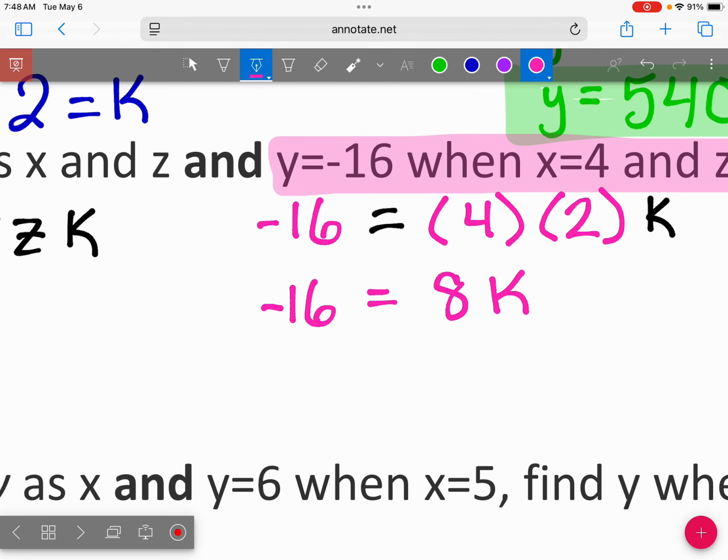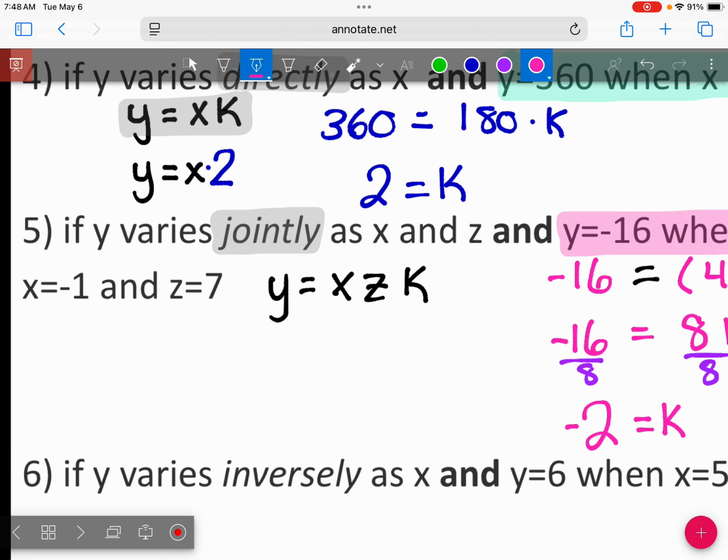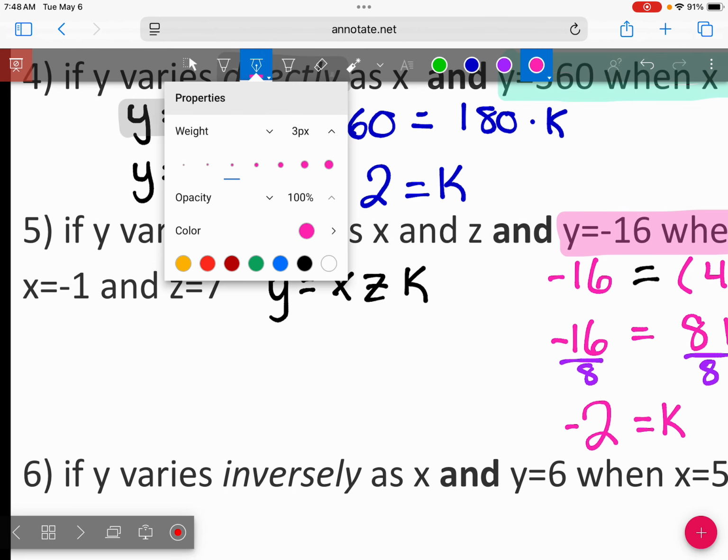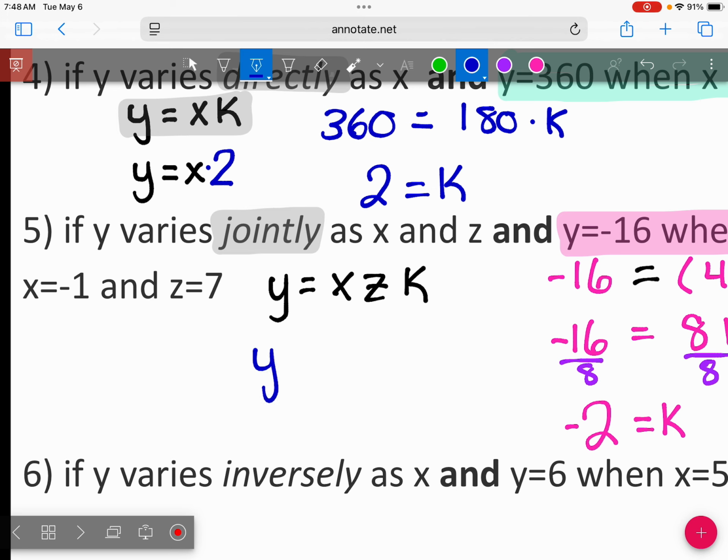Yeah, divide both sides by 8. And negative 16 divided by 8, we get a negative 2. That equals our k. So that means we know our equation is really going to look like y equals x times z times -2.